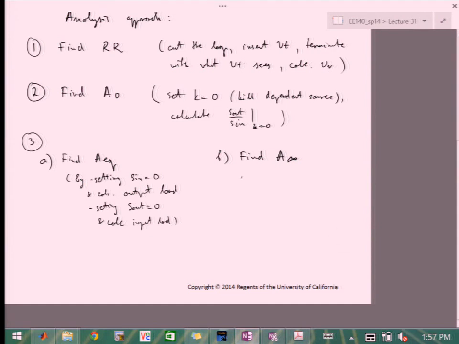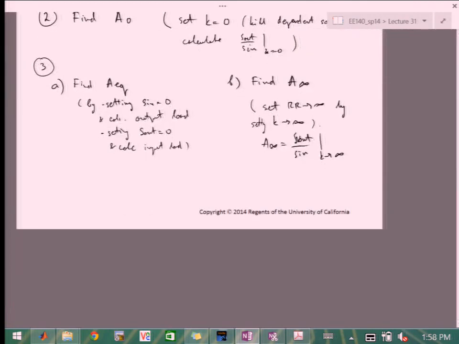For A infinity, we just set RR to infinity by setting K to infinity. And then our A infinity is S out over S in for K goes to infinity.